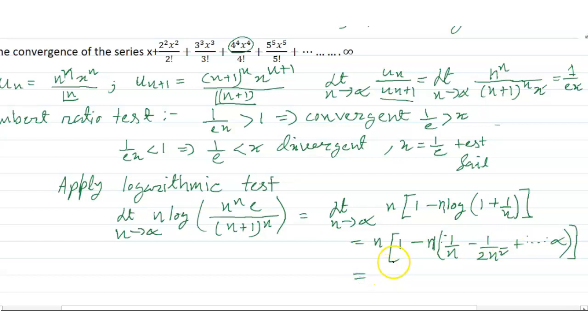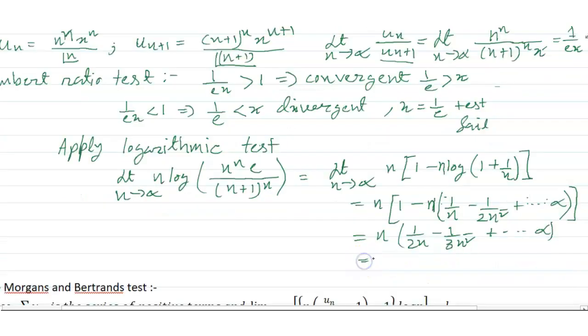And this value can be written this way, n into 1 by 2n minus 1 by 3n square plus up to infinity.